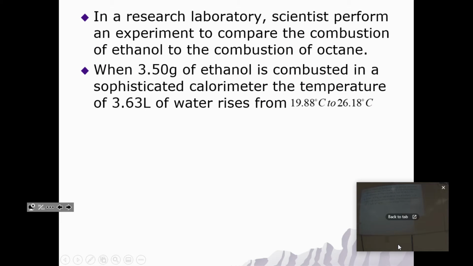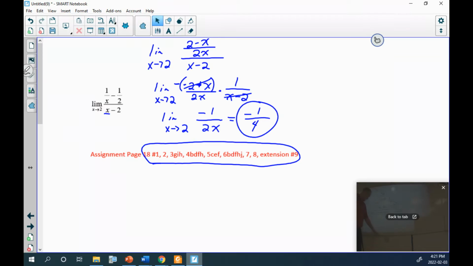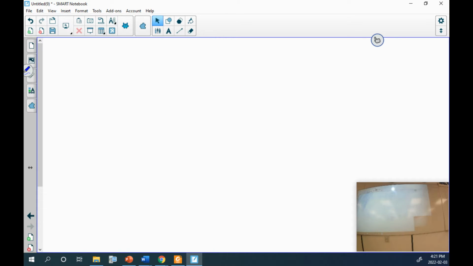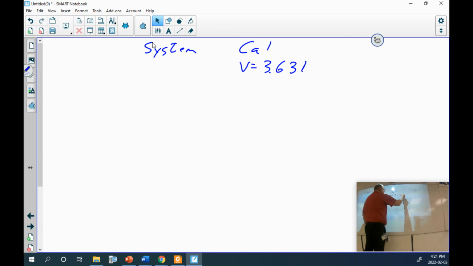And so here's an example. When 3.5 grams of ethanol is combusted in a sophisticated calorimeter, the temperature of 3.6 liters of water raises from 19.88 to 26.18. Okay. So, when I do these problems, I have my chemical system and I have my calorimeter. So, the calorimeter, we have the volume of the water is 3.63 liters.